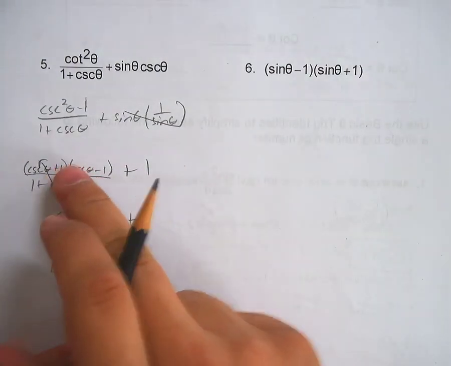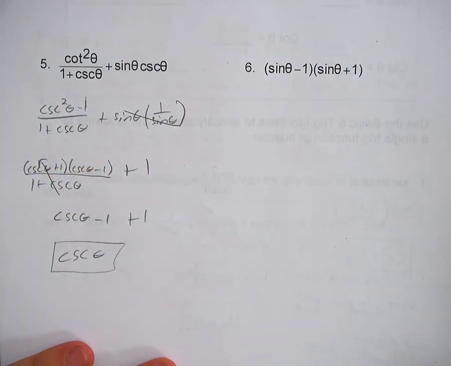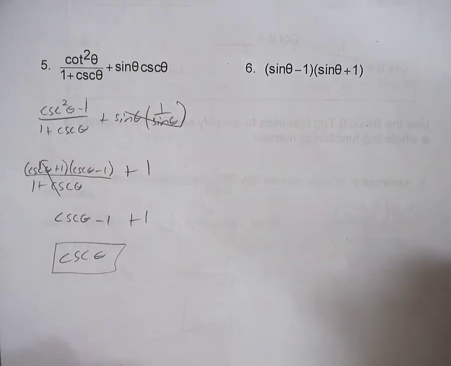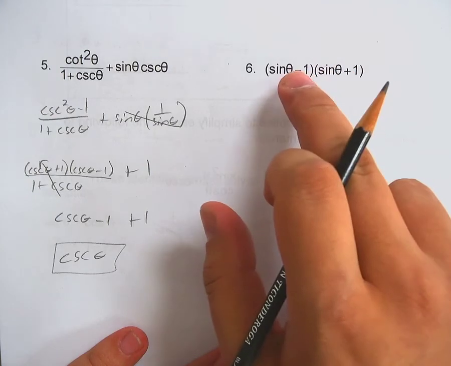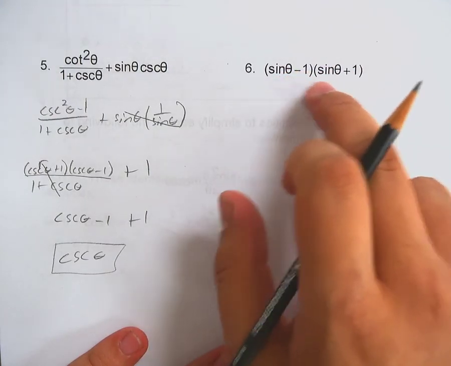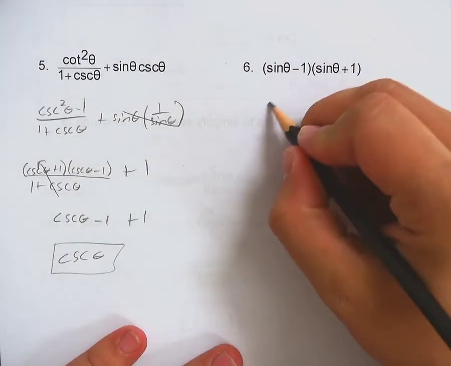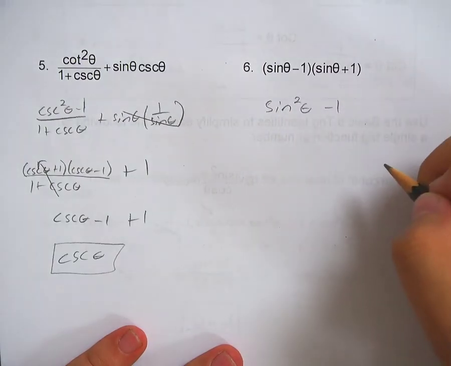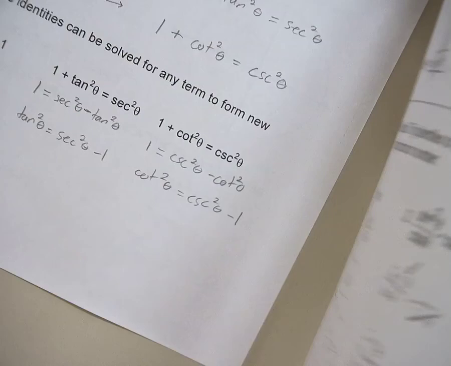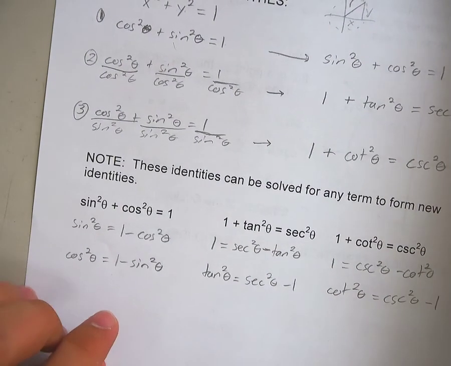I'm going to use that same rule over here, and I'm sorry, I do have to rush. I've got about 2 minutes left before this hits the no-go. I'm going to use this principle over here. This is a plus b and a minus b, isn't it? So won't that be sine squared theta minus 1?